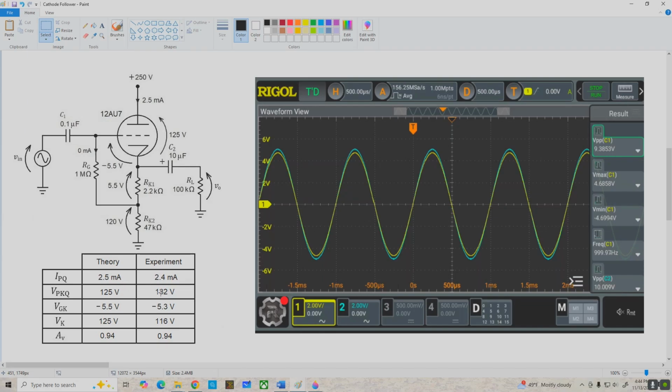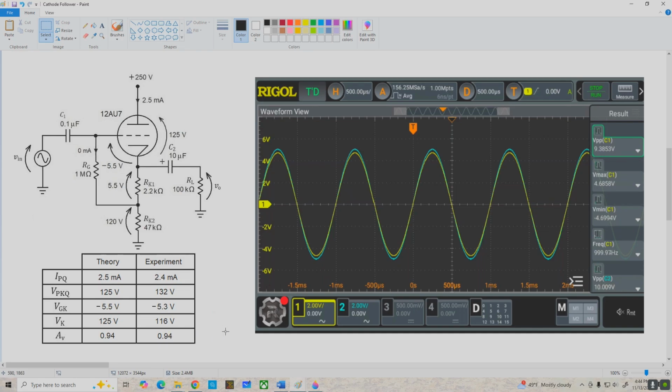VPKQ was a little bit on the high side, probably acceptable. Our VGK was reasonably close. Our cathode voltage with respect to ground was a little bit lower, and again that's because our VPK was a little bit higher. And finally, the voltage gain was right on the money.